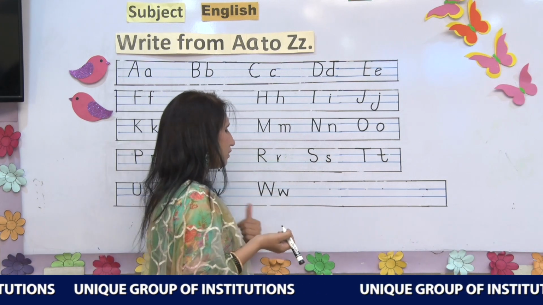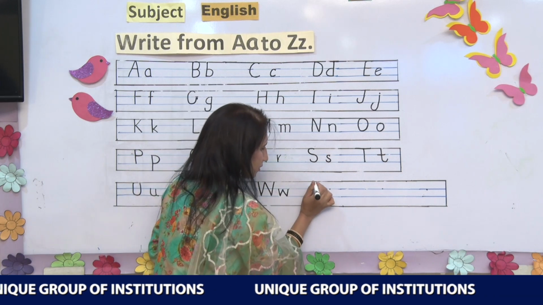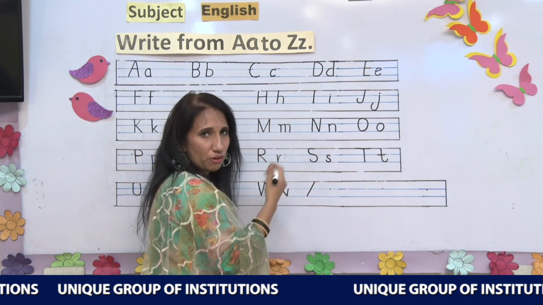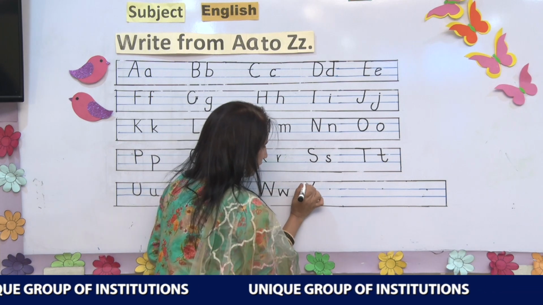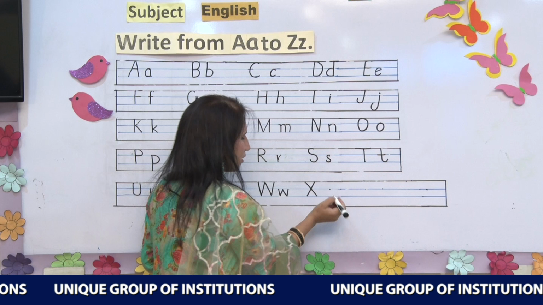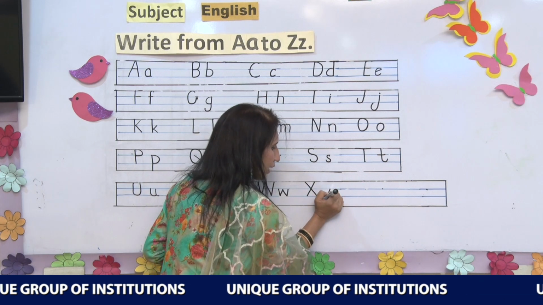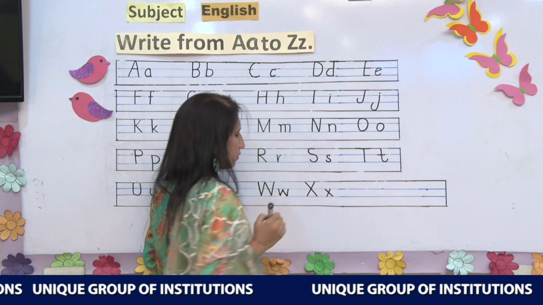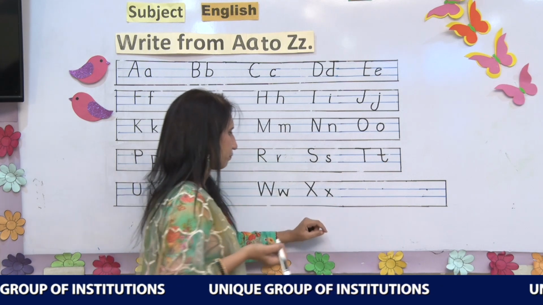Next, we will write the letter X. One slant line, and the other one is crossing the first one like this. And again, for the small one, we will write in the middle of these two lines.